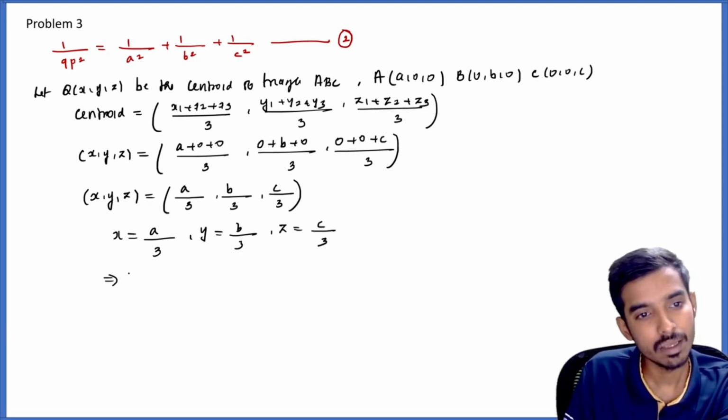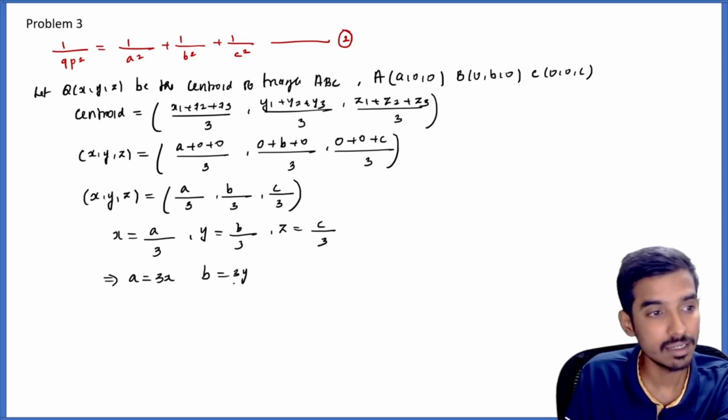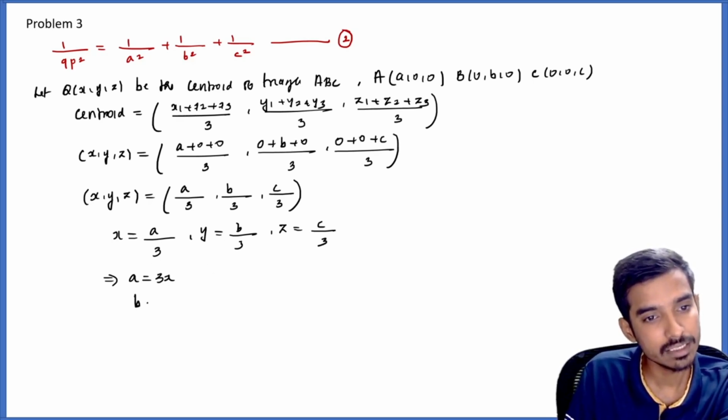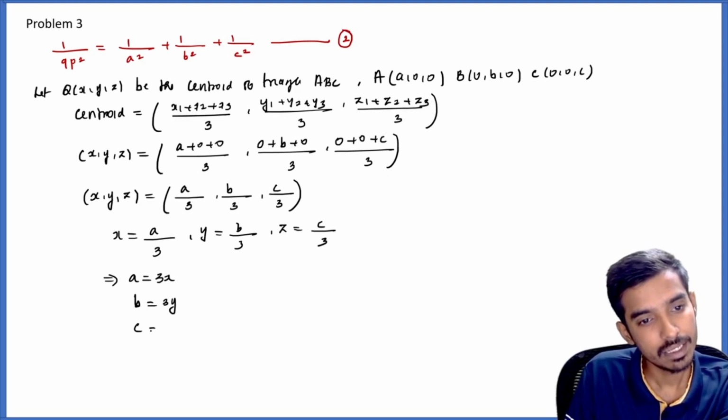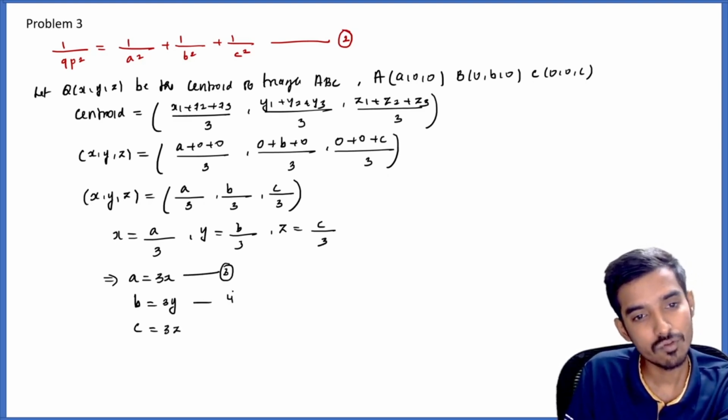This implies a is equal to 3x, b is equal to 3y, c is equal to 3z. Call this 3, 4, 5.